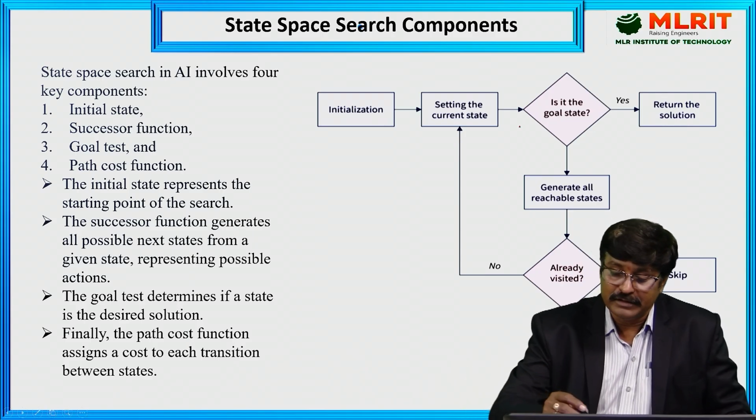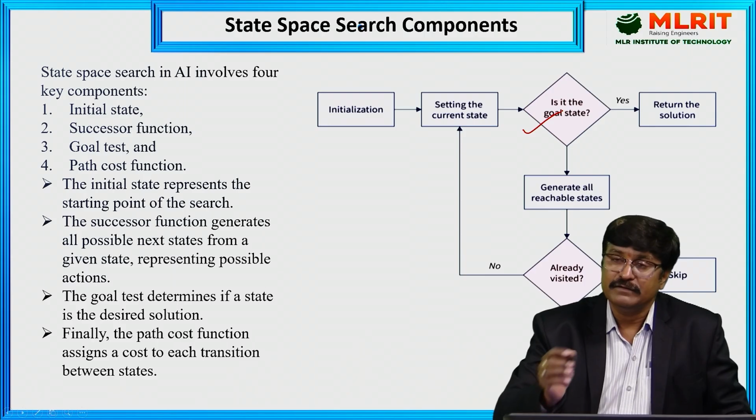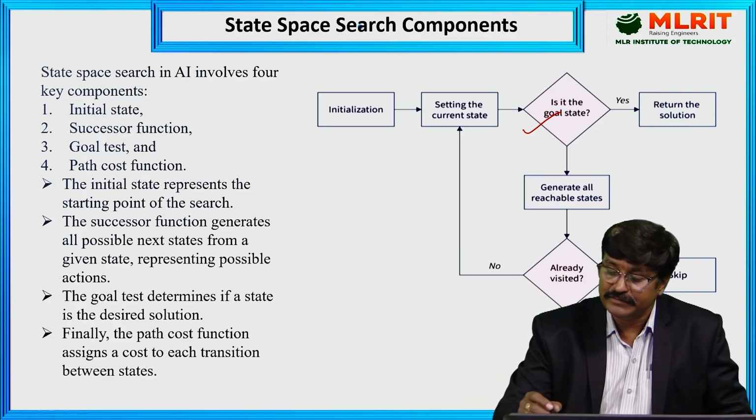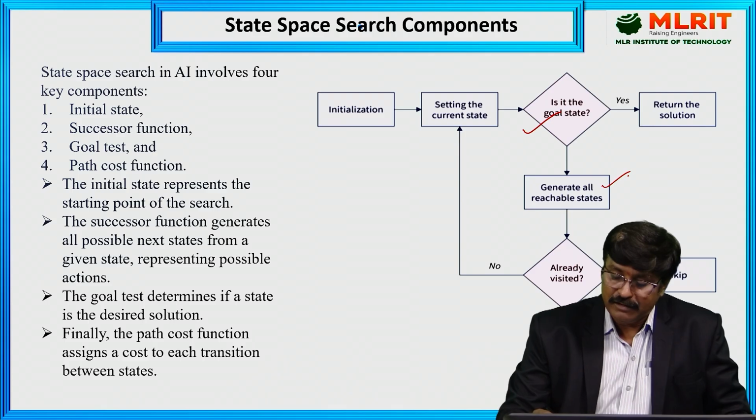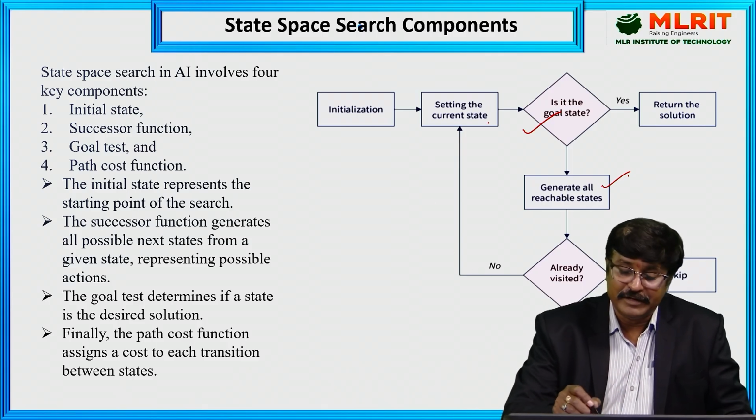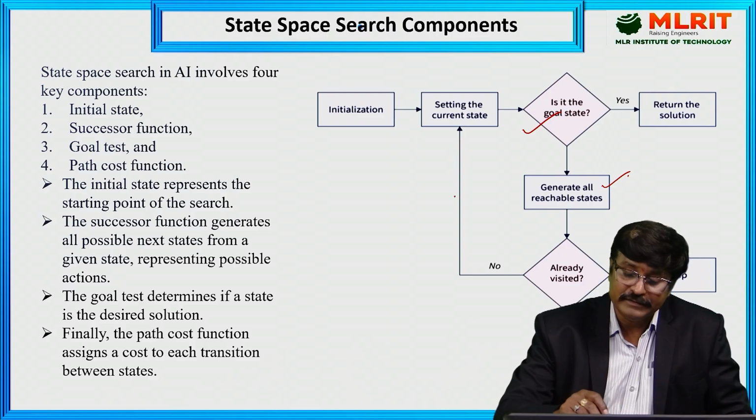If it is the goal state, the algorithm terminates and returns the solution. If it is not a goal state, then you generate all the possible states. If you have already visited a particular node or vertex, you skip it. Otherwise, you go to those nodes and evaluate them. This continuous process goes on like this.